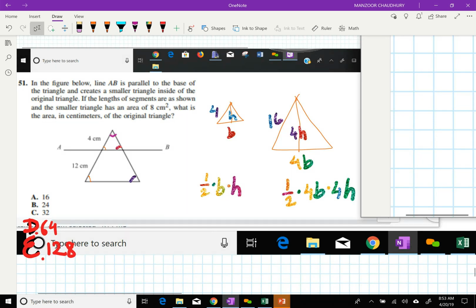Would that stay the same for the area too? So if it's times 4. Or should I just solve for 1?